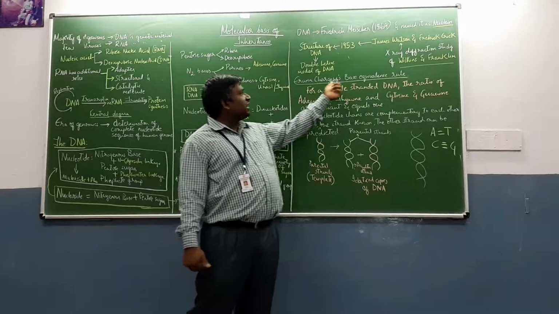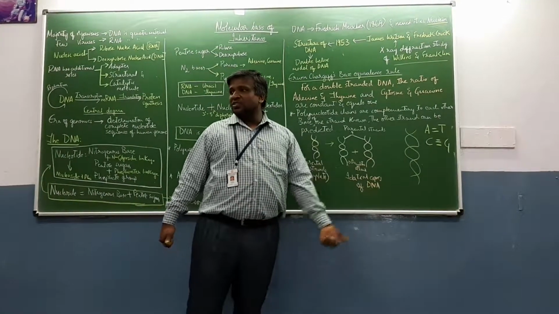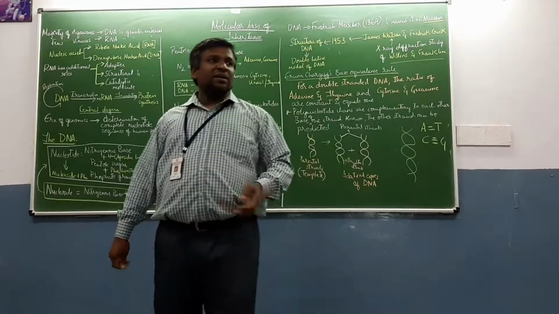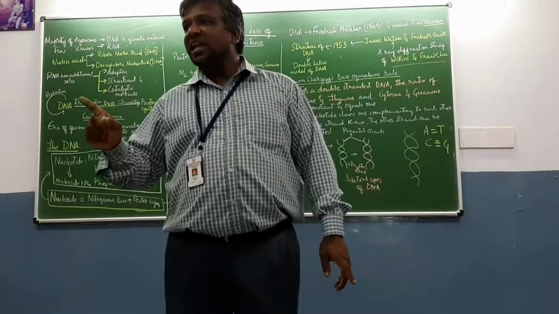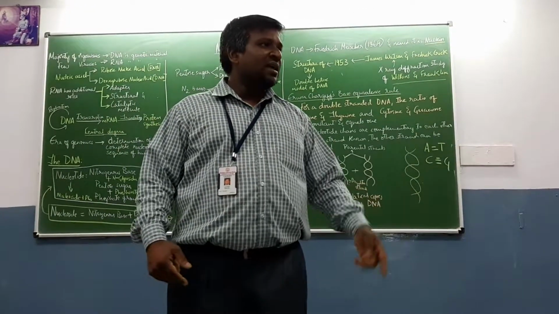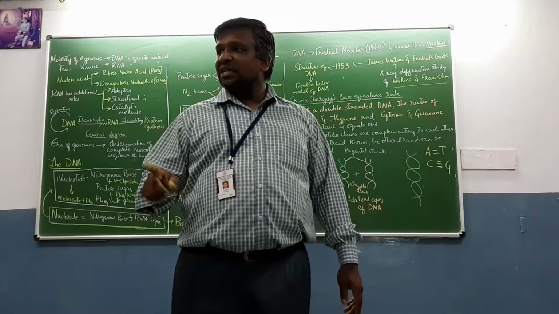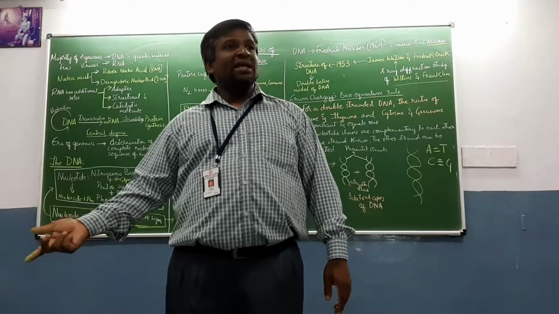This we call Chargaff's base equivalence rule. We can also put it in simple words: for any length or fragment of DNA, the amount of adenine is equal to the amount of thymine and the amount of cytosine is equal to the amount of guanine.